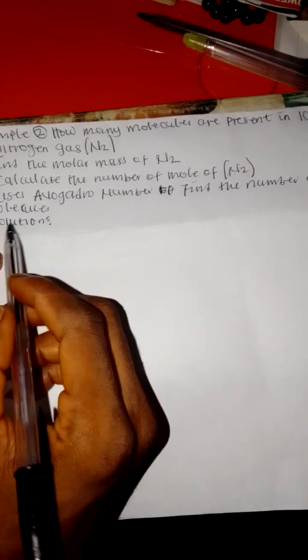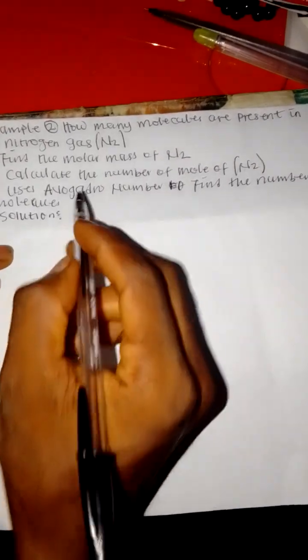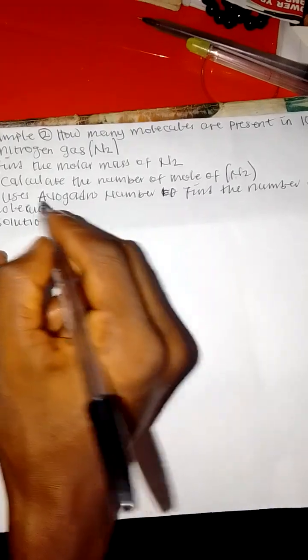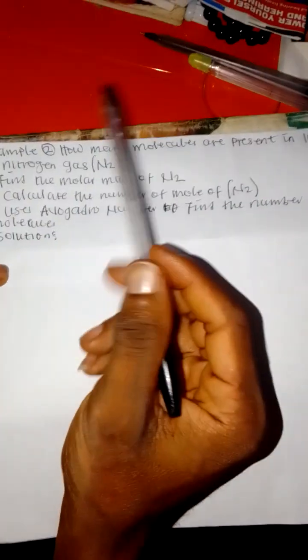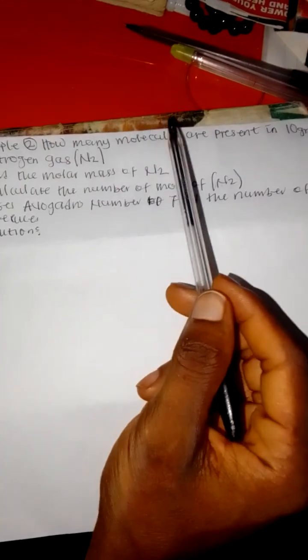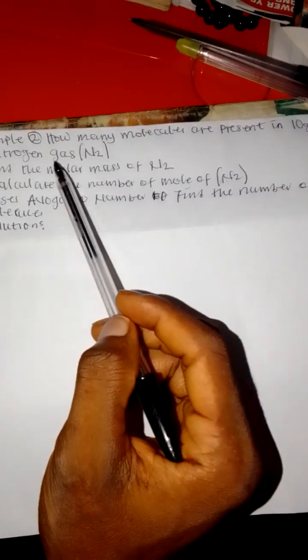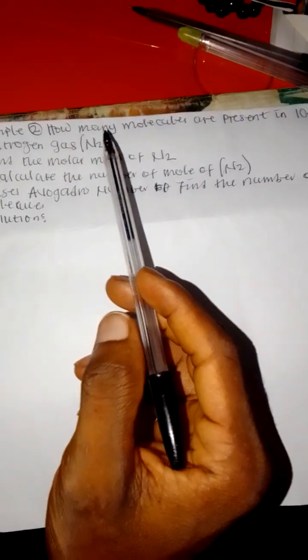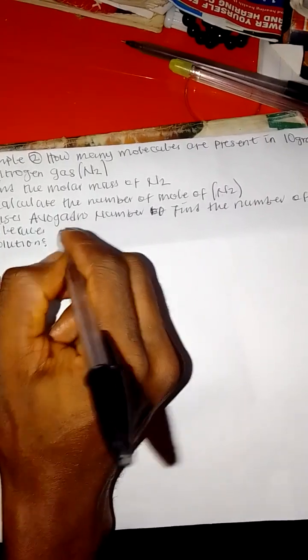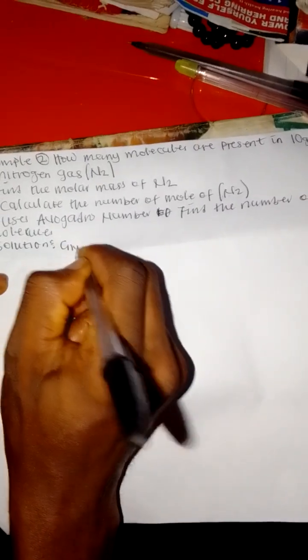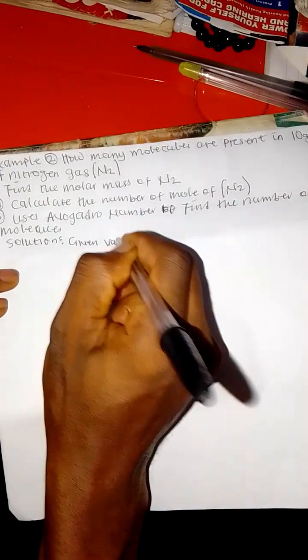So without wasting much of your time, let's go into the calculation. Solution first. In this question, you need to understand something. They said, how many molecules are present in 10 grams of nitrogen gas? So first thing first, we are going to list out the given parameters, the given values.